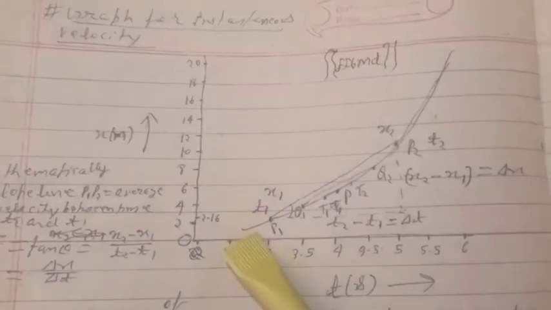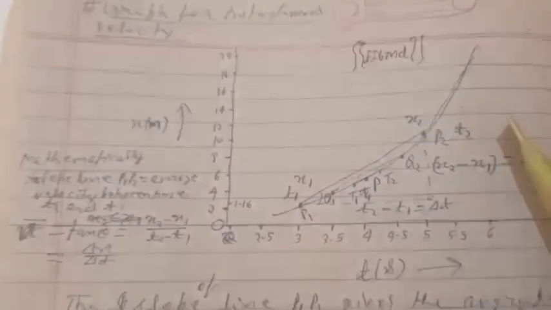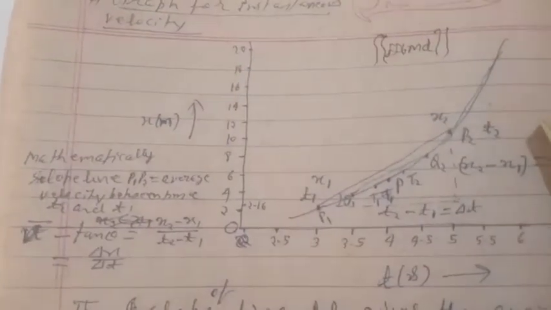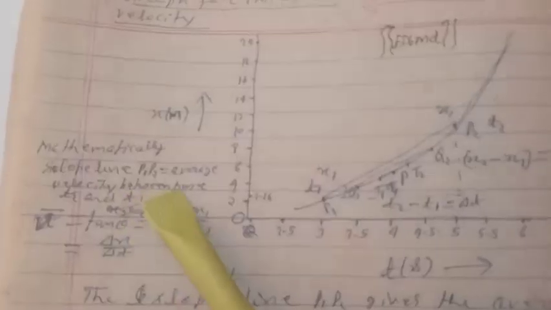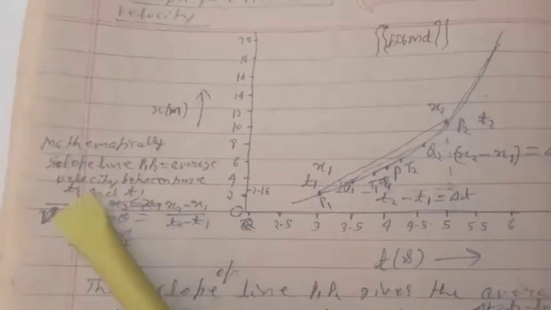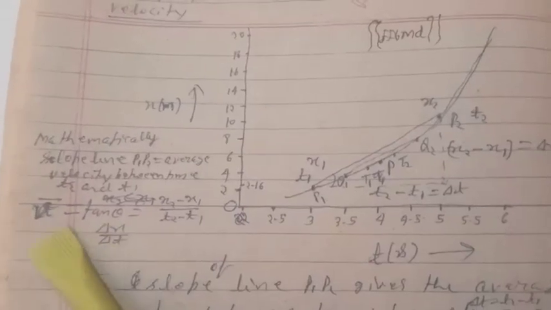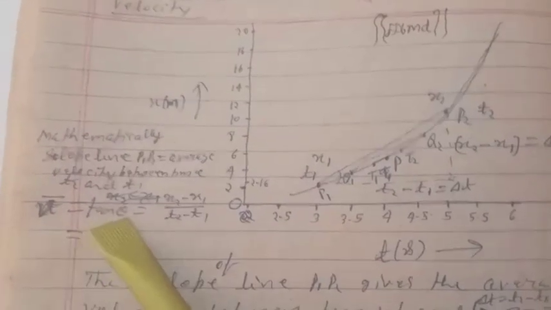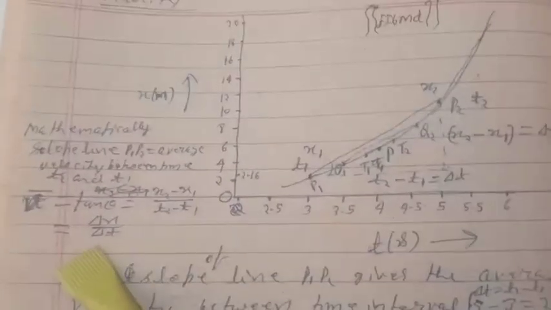The position at P1 is x1 and the position at P2 is x2. Now the slope of line P1P2 represents average velocity between the time interval t2 and t1. So v average is equal to tan theta, the slope, x2 minus x1 by t2 minus t1, equals delta x by delta t.